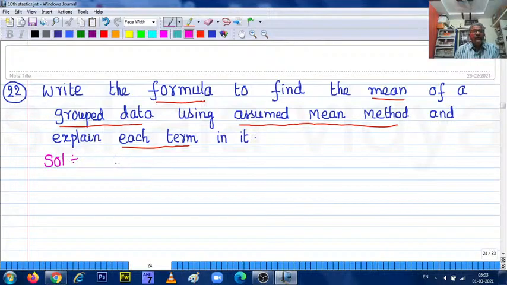The assumed mean method, or deviation method also we can say.